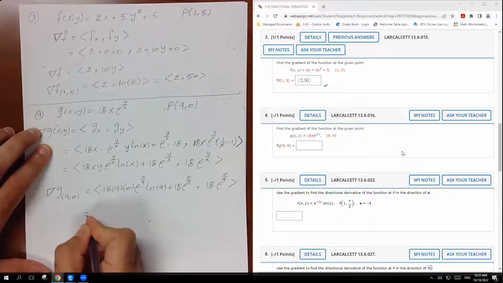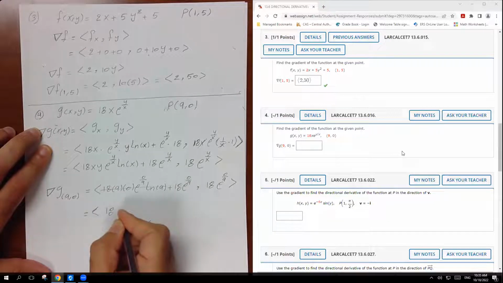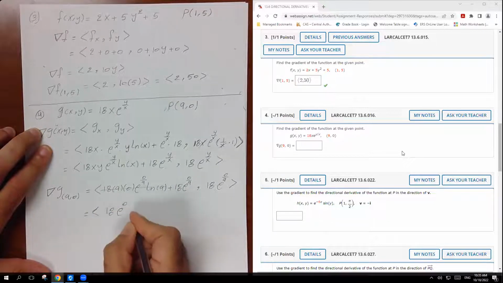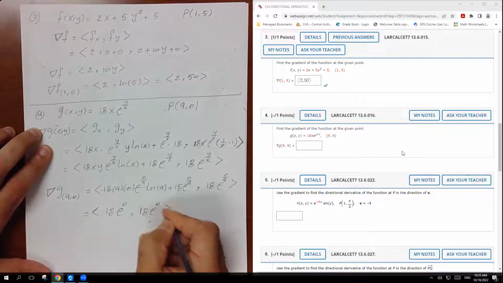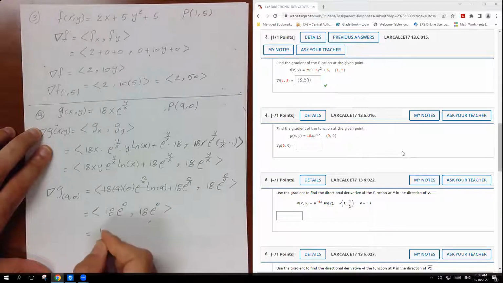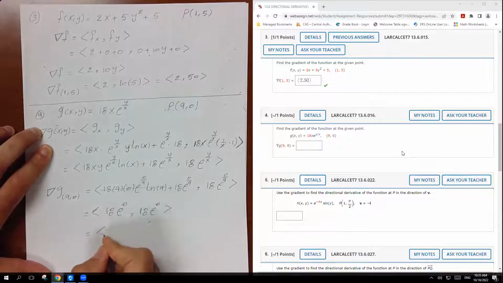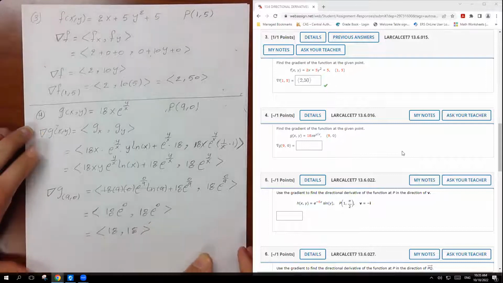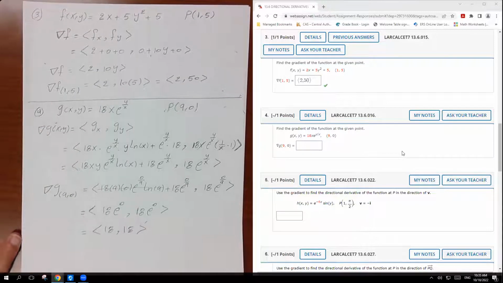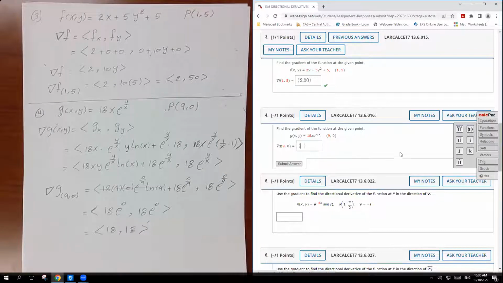That means we have 18 e to the exponent 0 and 18 e to the exponent 0. This equals 1, so it's going to be 18 and 18. That's it for this example. So we're just going to type 18, comma 18.